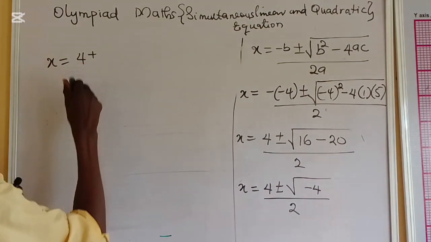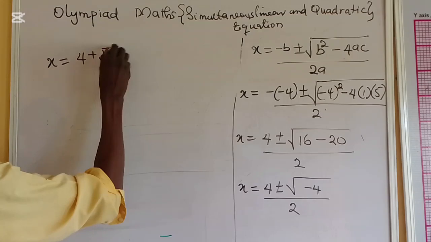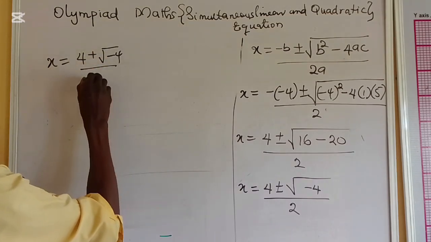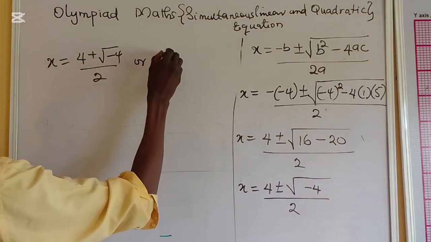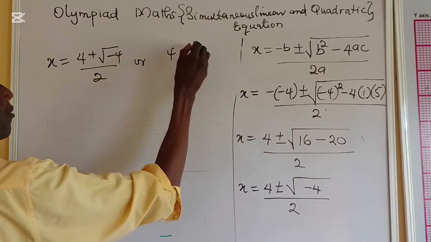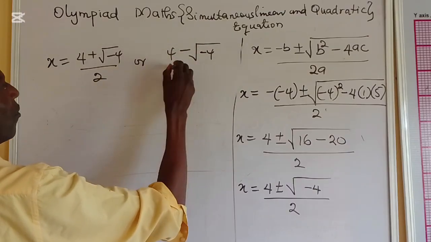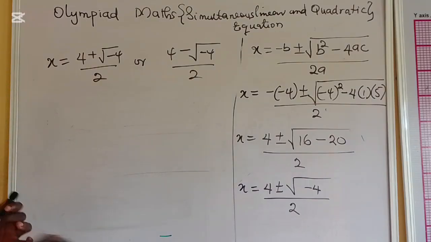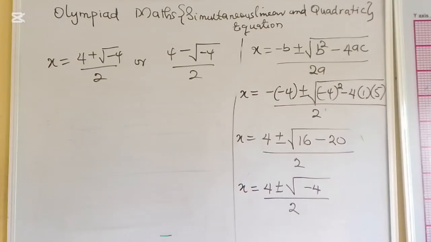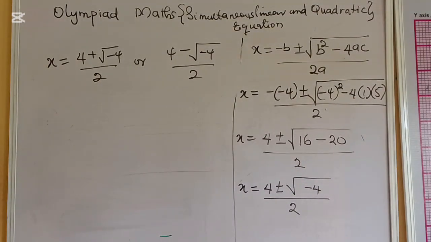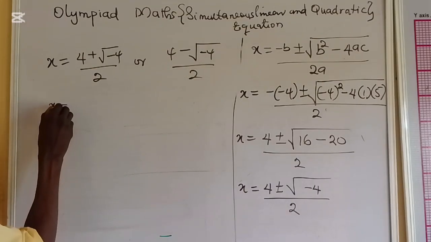We have to evaluate 4 plus the root of minus 4 over 2, or you can say 4 minus the root of minus 4 over 2. So we have a plus sign and a minus sign.